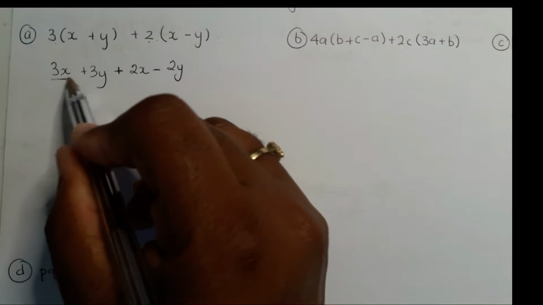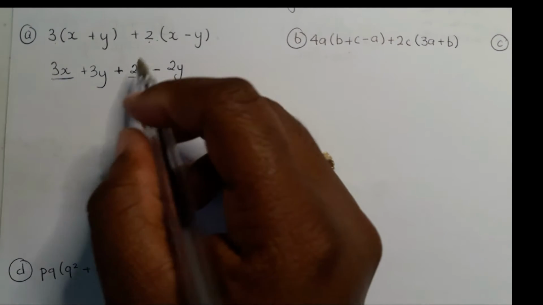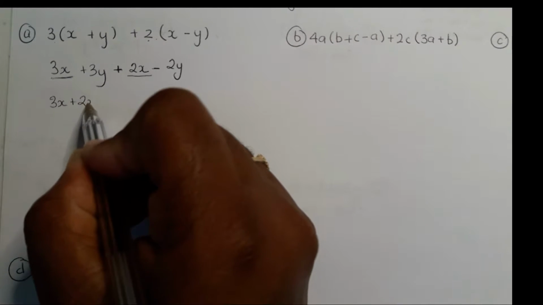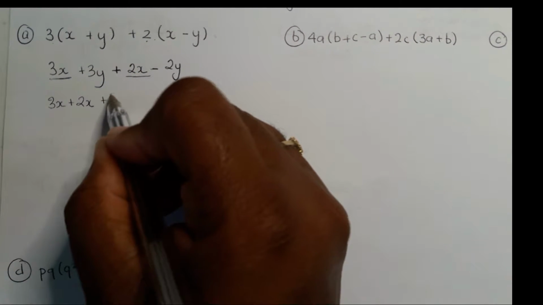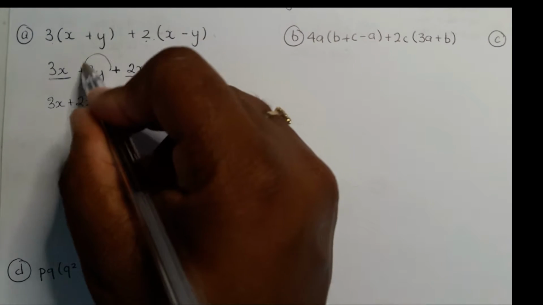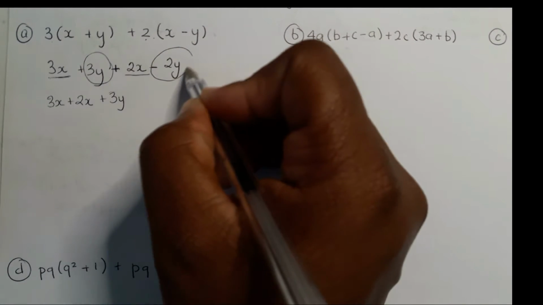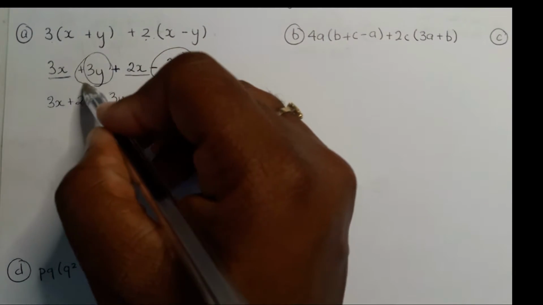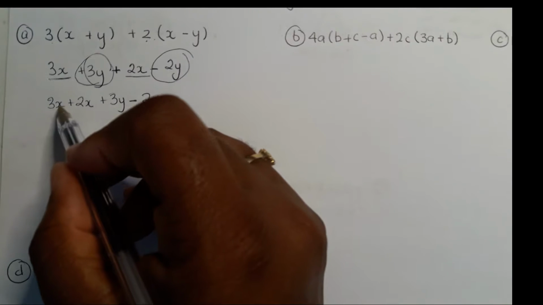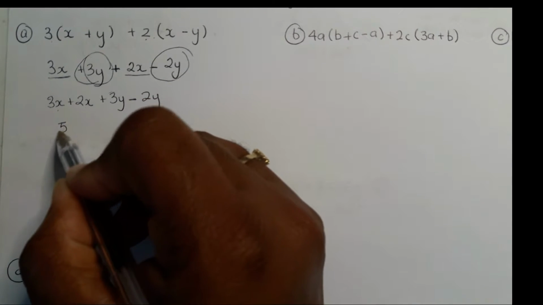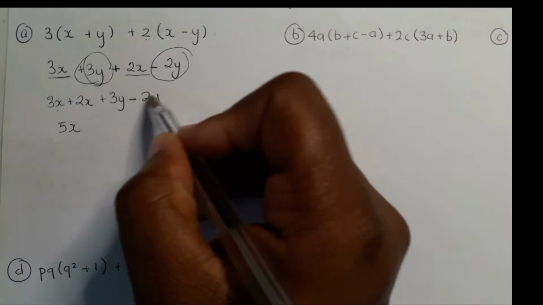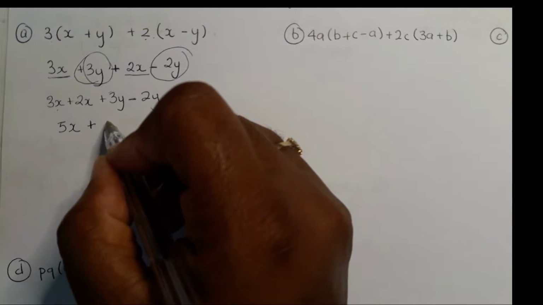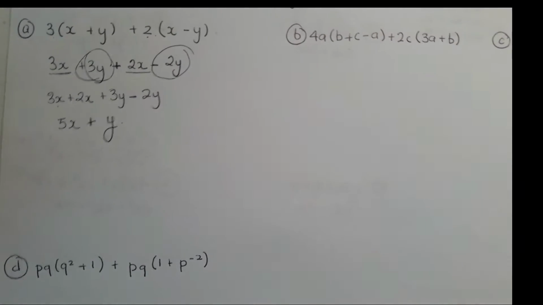In this case, 3x and 2x are alike, and we could group them, 3x plus 2x, and then plus 3y minus 2y. So 3 plus 2 is 5x, and 3 minus 2 is 1y, so we could just put back the y, because it's understood.